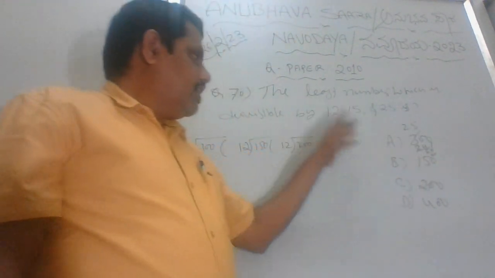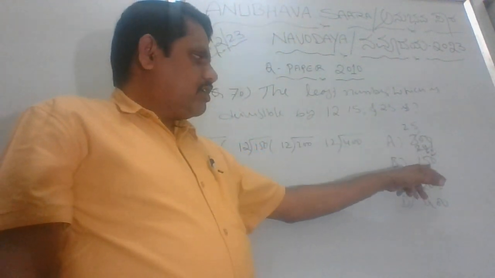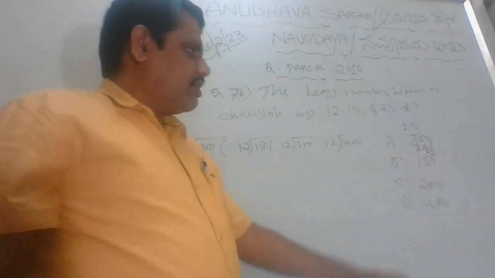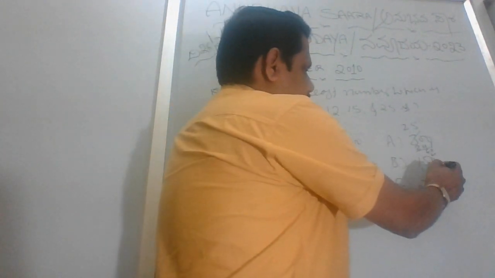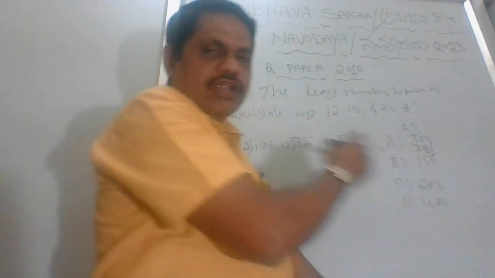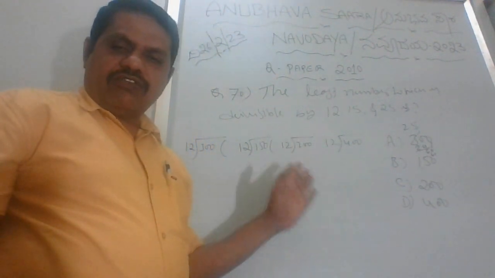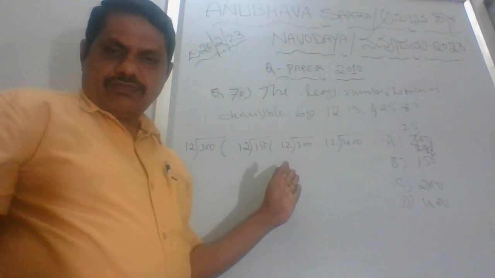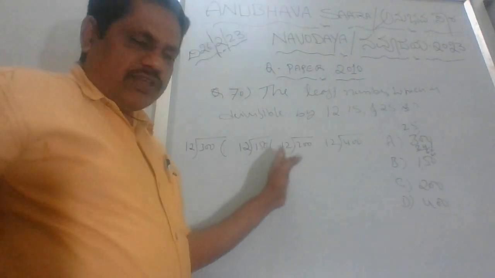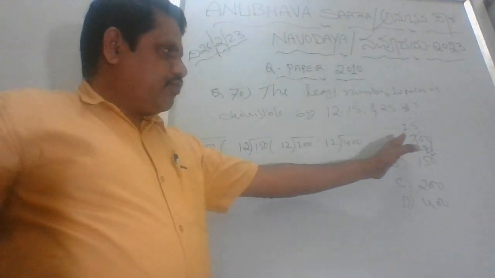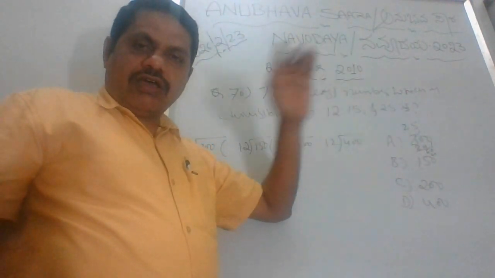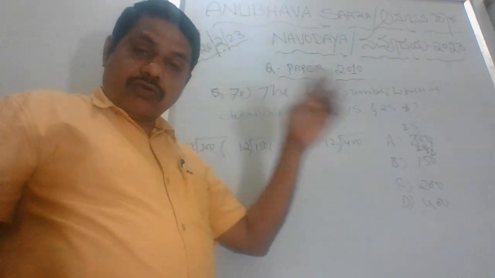Let me take you through here only. The best method is this. If you can calculate or if you know the tables properly, then you can go directly there.